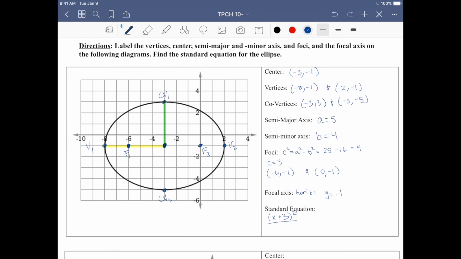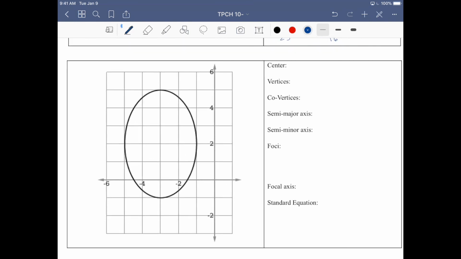So 5 squared is 25, plus (y minus k), so y minus -1 or y plus 1, squared over 16, equals 1. And that is the equation of our ellipse. So now, why don't you try the second example?